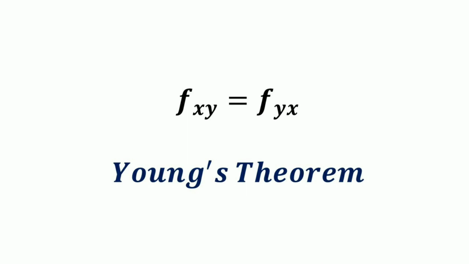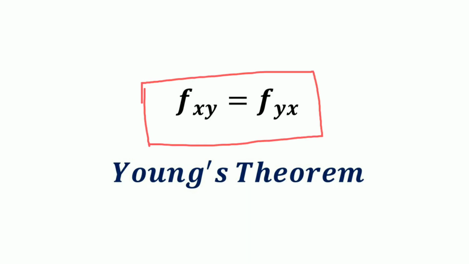You might have noticed that while differentiating the second order cross partial derivatives f of xy and f of yx, both give an equal function or value. As per Young's theorem, if both cross partial derivatives are continuous, then the corresponding cross partial derivatives are equal.